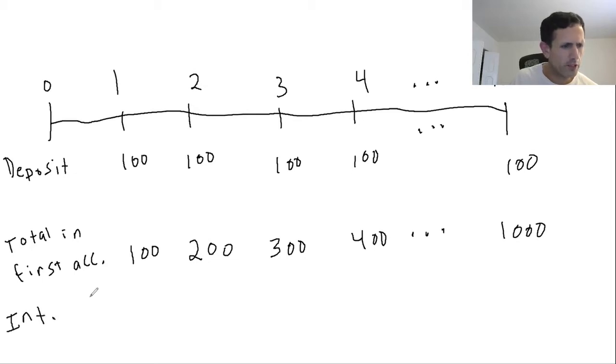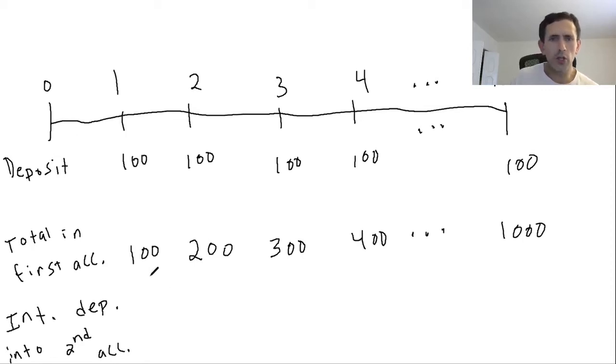So let's look at the interest deposited into the second account. Okay, so there's no interest from 0 to 1 because there's nothing in the account.